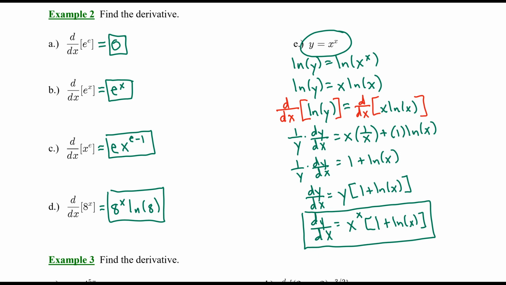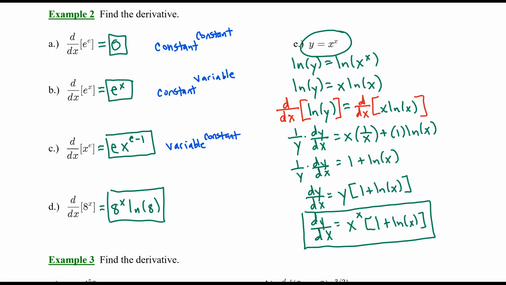So be very sensitive to the structure of your exponential function, or what looks like an exponential function. On example A, we had a constant base to a constant exponent. Therefore, the derivative was 0. On example B, we had a constant base and a variable exponent, but that constant base was special. It was e. On example C, we had a variable base and a constant exponent.